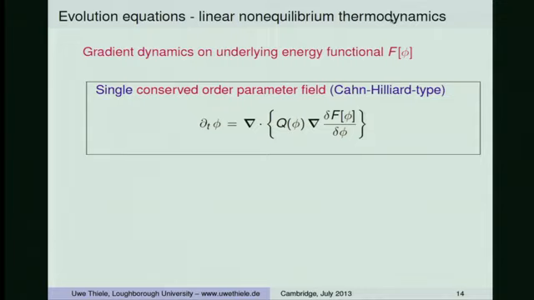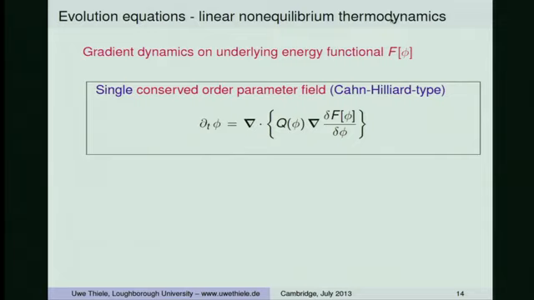So if we take a single conserved order parameter field, that would be a Cahn-Hilliard type dynamics, and you would write such an equation. You would say, okay, it's conserved, so there must be continuity, a mass conservation, so it's a transport law for this conserved quantity phi, time change of phi is equal to the gradient of the flux, right? That's our conservation law.